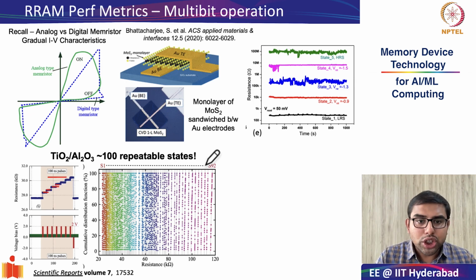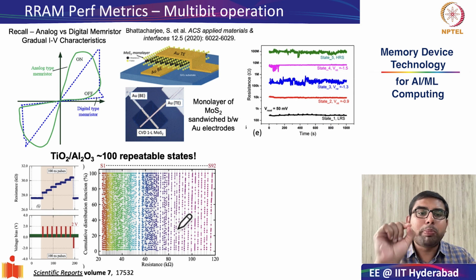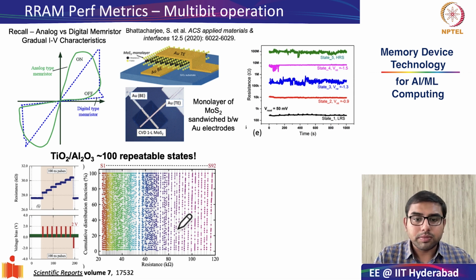And as has been shown, you can get almost 100 repeatable states which are not overlapping. So as you can see in this cumulative distribution function, you see 100 such lines, which indicates that this device can operate with 100 closely spaced states.